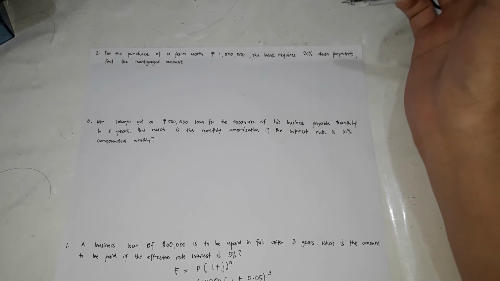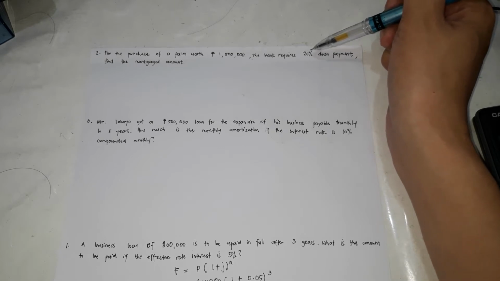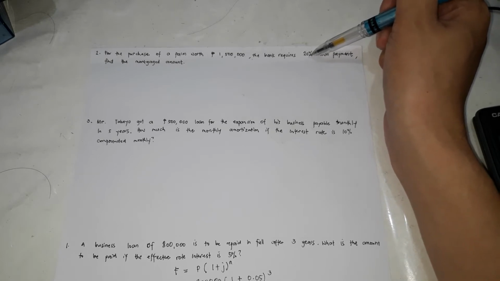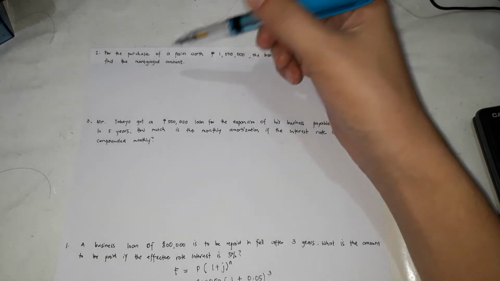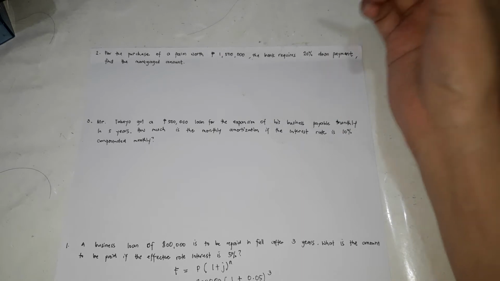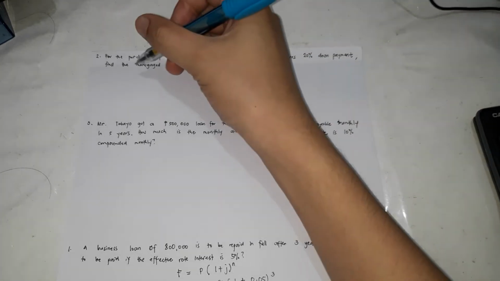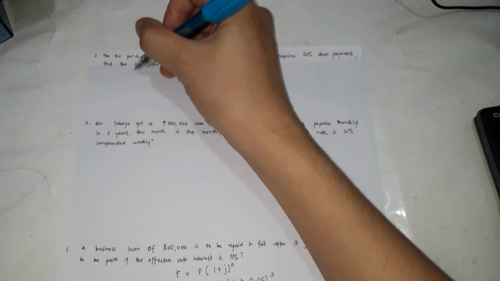Or we could just subtract it this way. We know that the total amount is 100%, so the 80% is the amount to be mortgaged. So that's how you're going to solve it. We're going to show you how we're going to do it. First one, this is method 1.